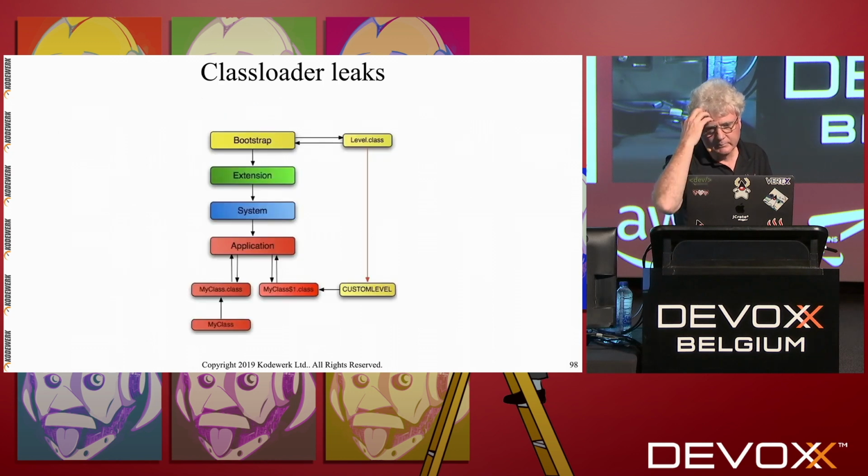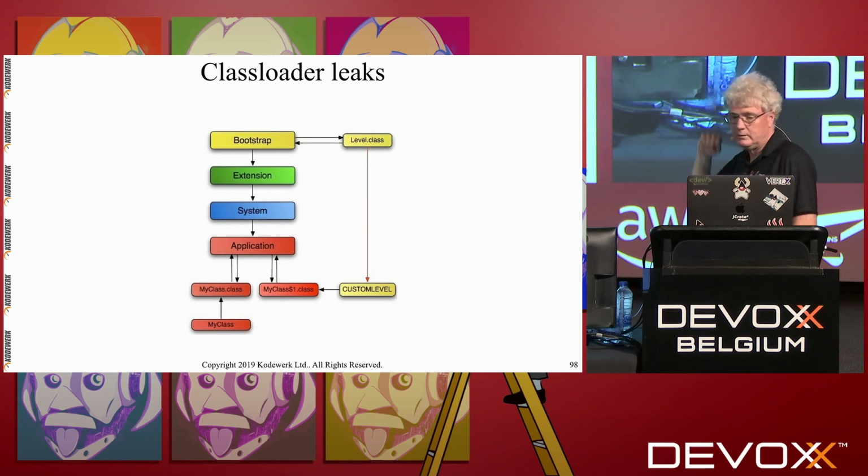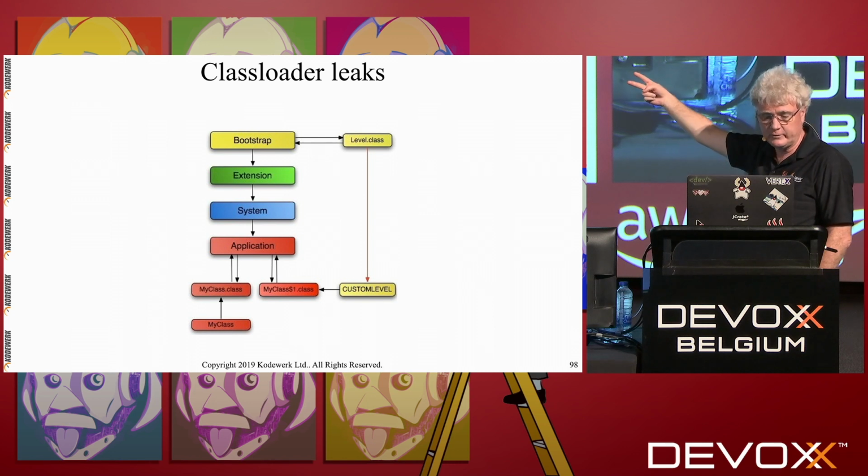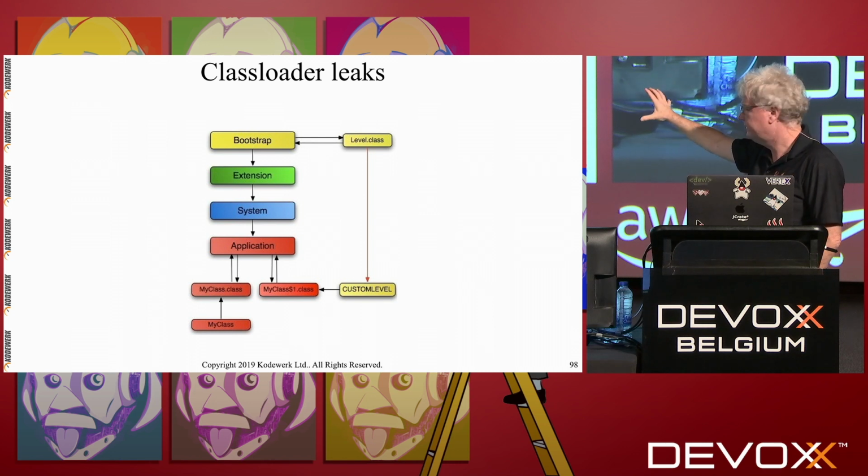Anyways, you look at something like this, right? This is typically what you end up with in terms of a leak. If we were to snip the reference between the system and an application class loader, you would expect to see all of the red stuff garbage collected.